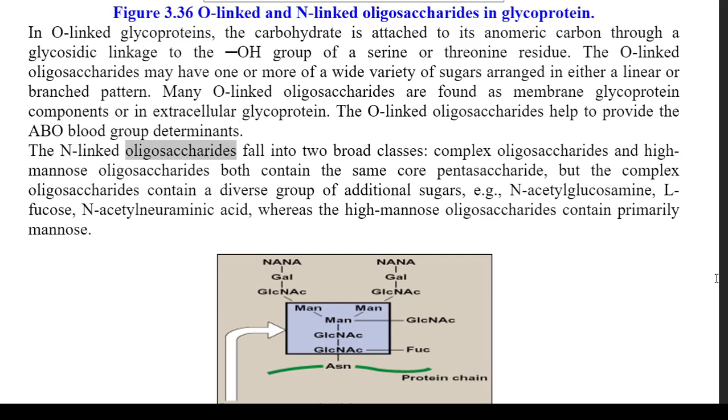The N-linked oligosaccharides fall into two broad classes: complex oligosaccharides and high-mannose oligosaccharides. Both contain the same core pentasaccharide, but the complex oligosaccharides contain a diverse group of additional sugars, for example N-acetylglucosamine, L-fucose, N-acetylneuraminic acid, whereas the high-mannose oligosaccharides contain primarily mannose.